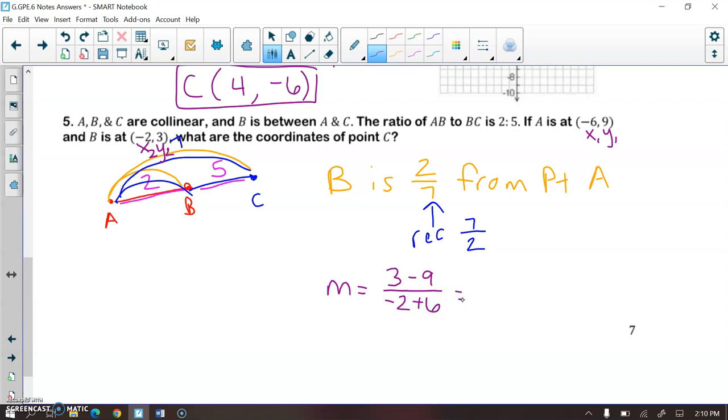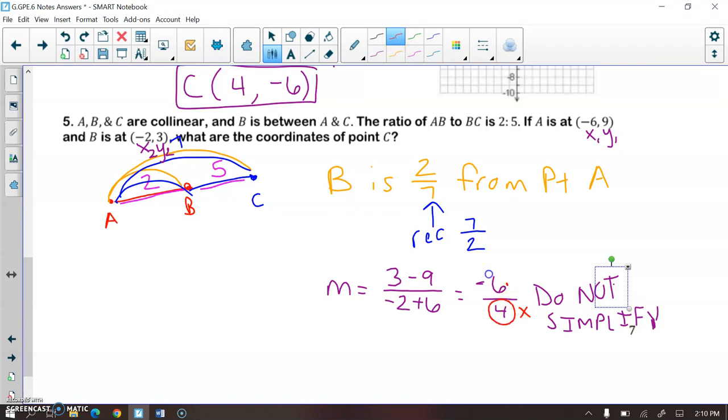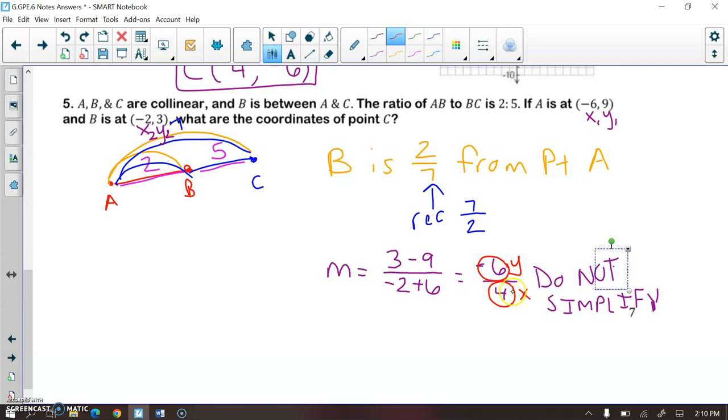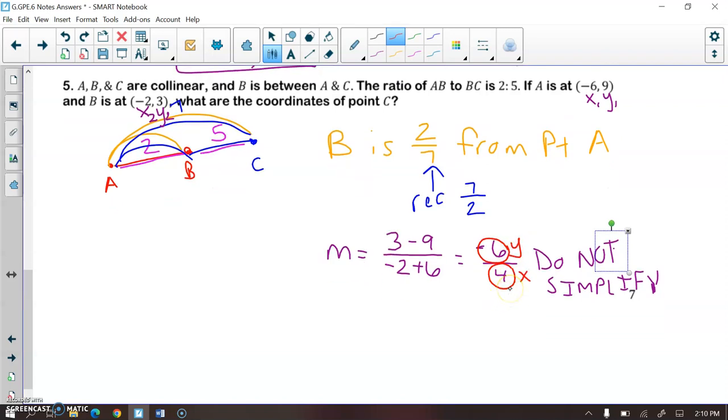So I wind up with a slope of negative 6 over 4, and I do not simplify, just like in level 3. And remember, the denominator represents your run or your x values. The numerator represents your y's or your rise or your change in your y values.